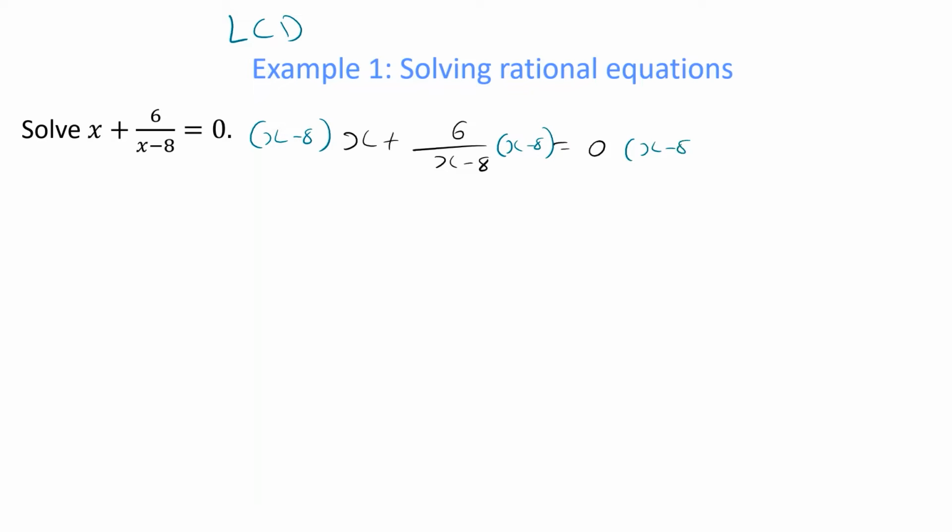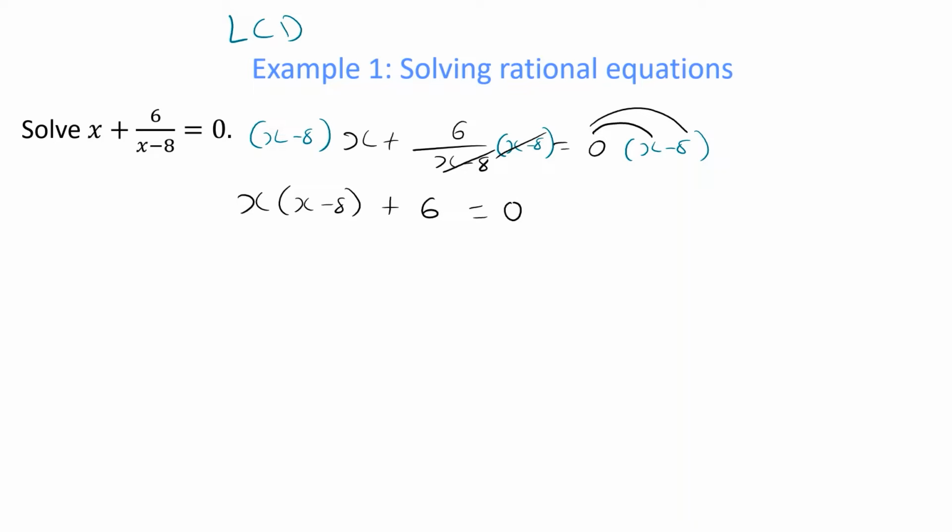So I have multiplied each term by x - 8. On this side we will have x(x - 8) + x - 8, and the x - 8 will cancel out, so we have + 6 = 0 multiplied by x is 0, 0 multiplied by -8 is also 0.